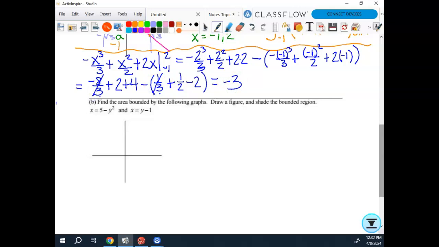Then I got 2 plus 4, which is 6, right? 6 plus 2 is 8 minus 1/2. So we could do plus 8 minus 1/2 and then figure it out from there, right? So this is going to give me 5 minus 1/2, which is actually 4.5, which might be an answer choice, but if not, you get it that far and you know it's 9/2.